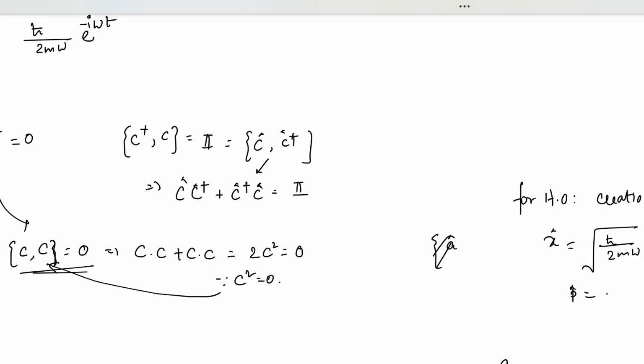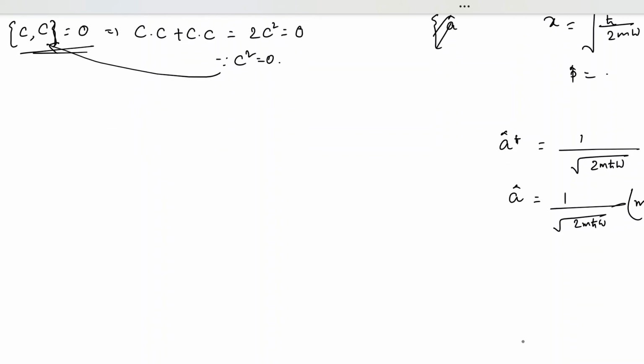But if you directly want to write the a and a dagger formation, then a dagger is equal to 1 by root over 2m h cut omega times m omega x cap minus I p cap, and the annihilation operator is 1 by root over 2m h cut omega times m omega x cap plus I p cap.